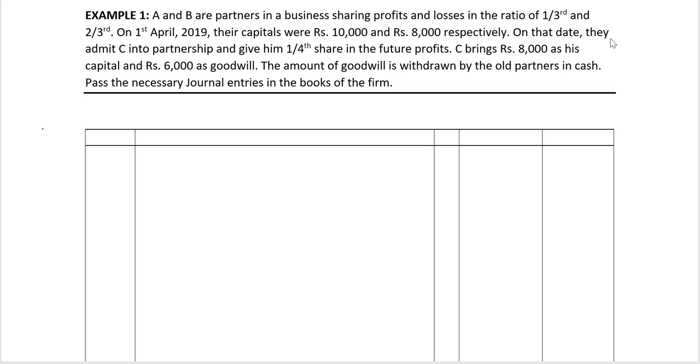On that date, they admit C into partnership and give him 1/4 share in the future profits. C brings in Rs 8,000 as his capital and Rs 6,000 as goodwill. The amount of goodwill is withdrawn by the old partners in cash. Pass the necessary journal entries in the books of the firm. So let's go ahead with the solution.